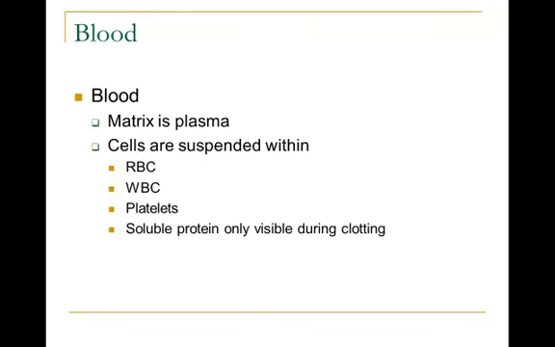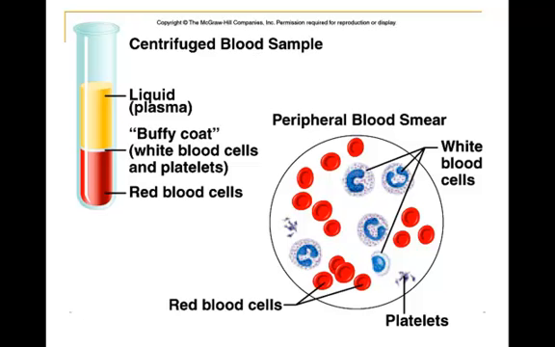And blood then is a connective tissue as well. In this situation, it's the matrix. I'm just going to go to a picture here. If we took a sample of your blood like you see here, and allowed the cells to settle down to the bottom, then we would have this yellowish looking fluid. That's what the cells are all suspended in, what we call plasma.